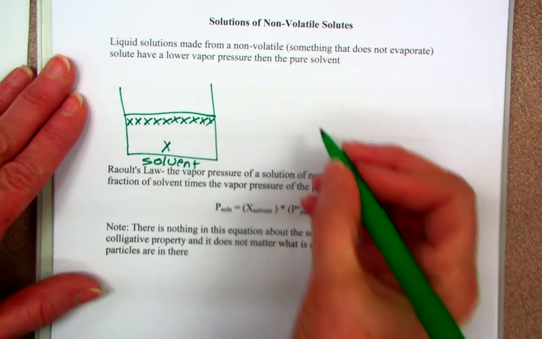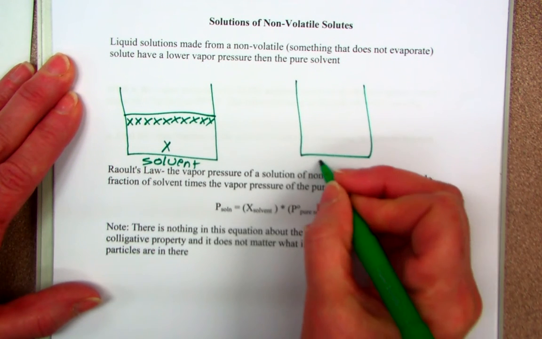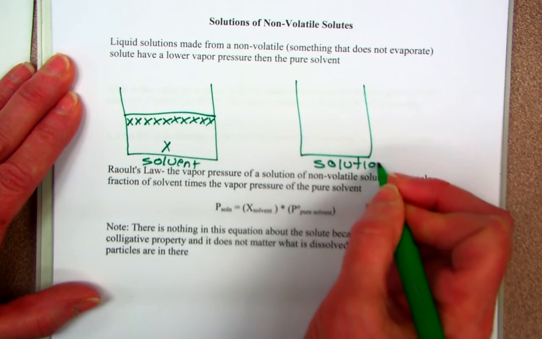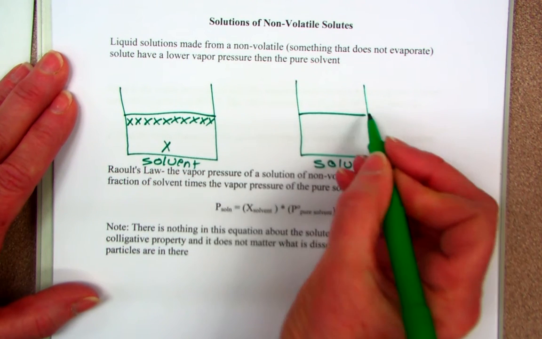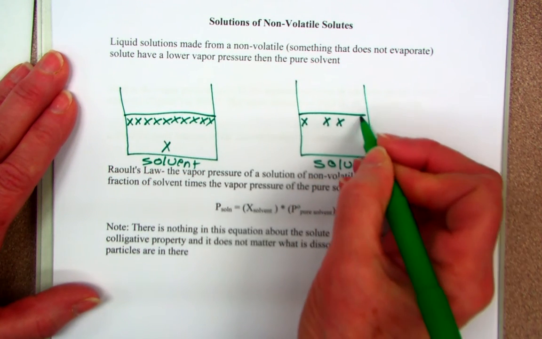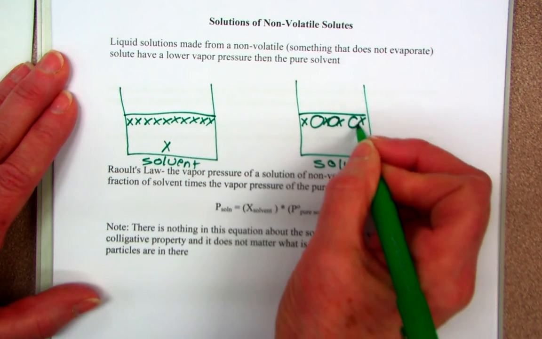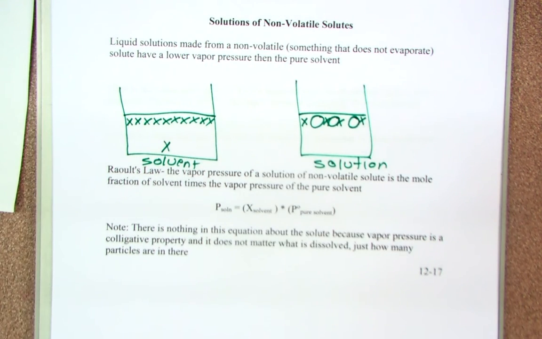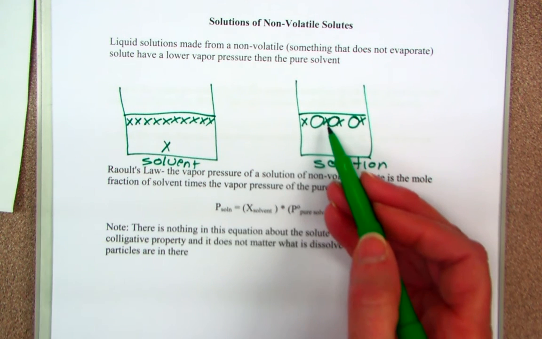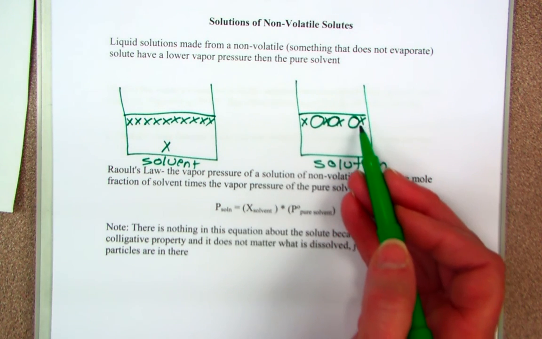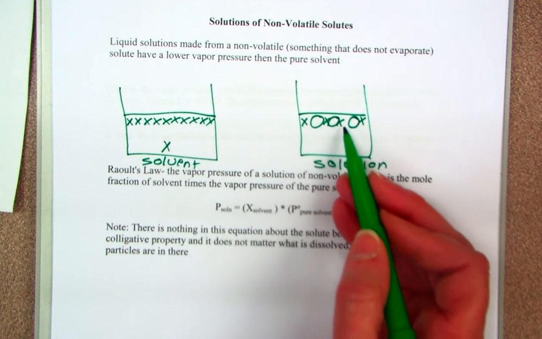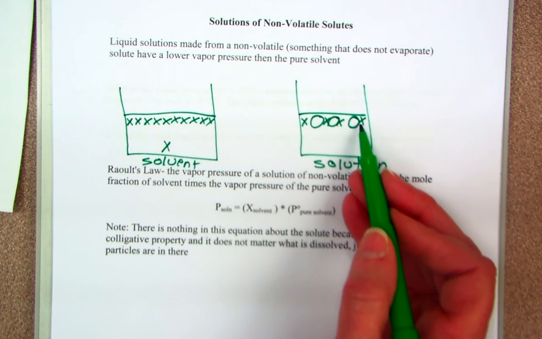So now let's think about a solution. A solution is different than a solvent. The solution is different because you have solute mixed in here with the solvent. So here's my solute molecules. So when I mix these in, my solute molecules are occupying some space at the surface. So when I look at this, what's going to happen to the vapor pressure when I have fewer solvent molecules at the surface?